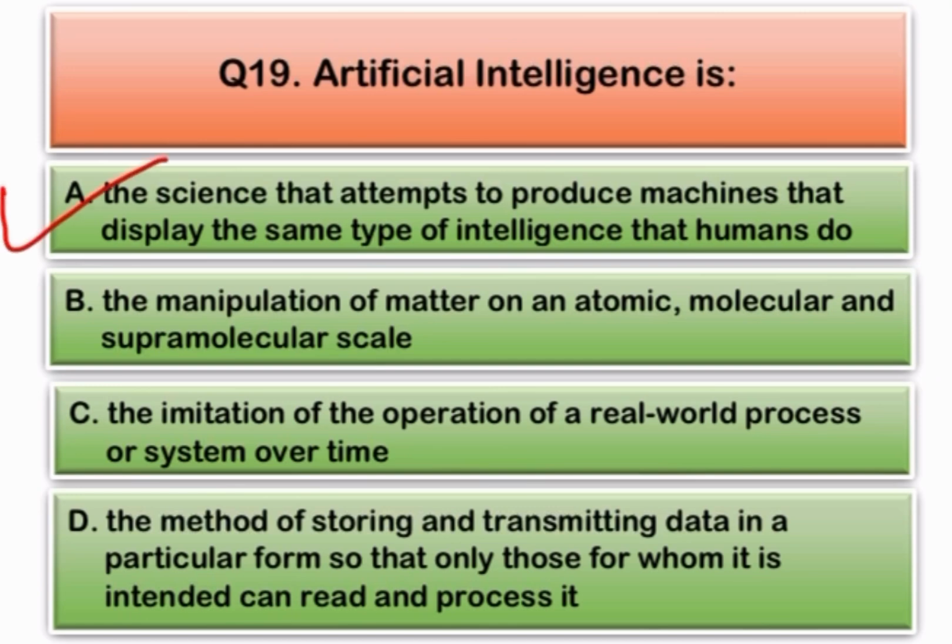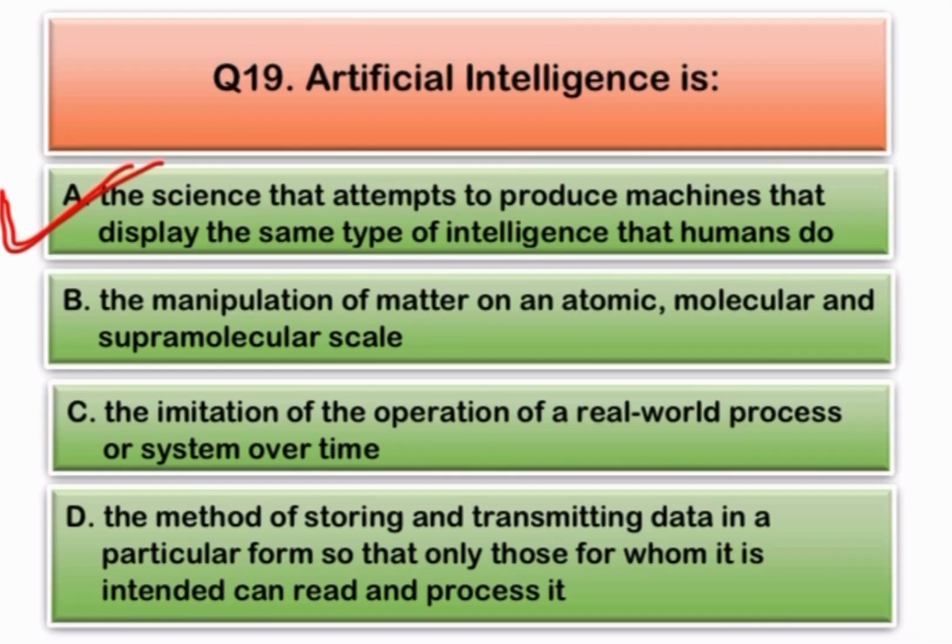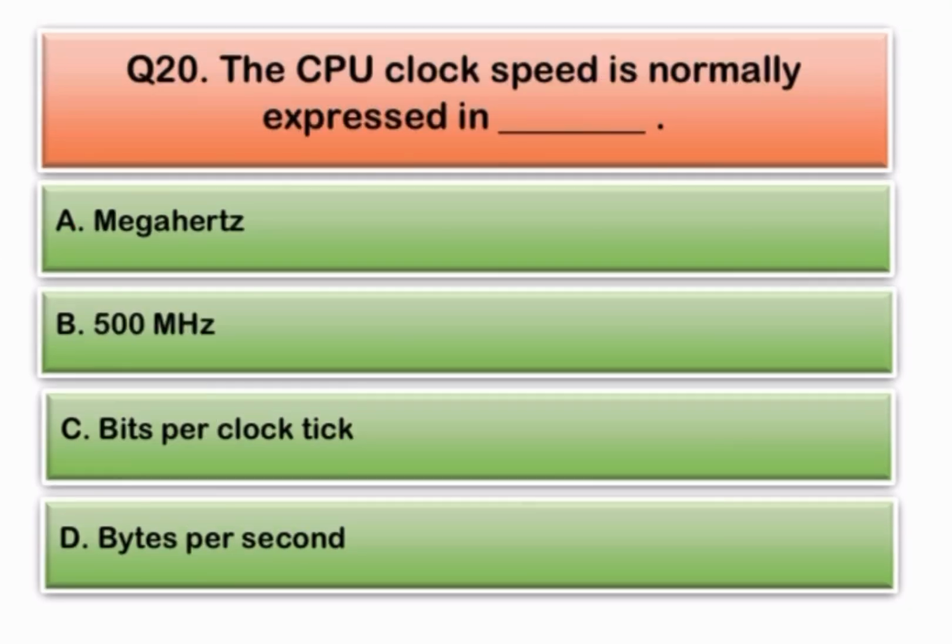So, you all know option A is correct. Actually, it is a science that attempts to produce machines that display the same type of intelligence that humans do. So, A option is correct for question number 19.